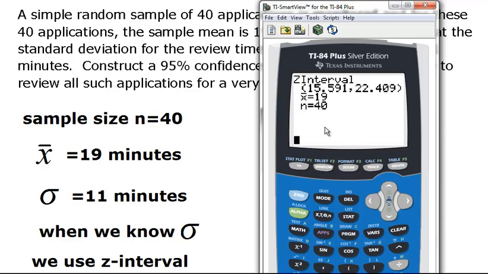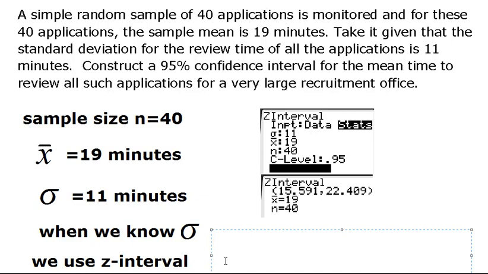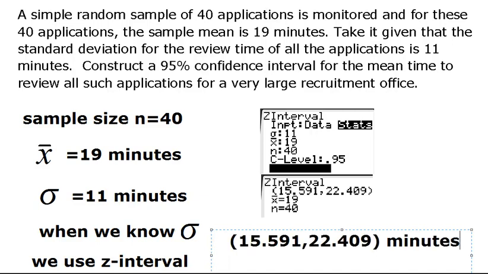such applications. That is, we are 95% confident that the mean time to review all such applications is somewhere between these two values. Our answer for this confidence interval is 15.591 to 22.409 minutes.